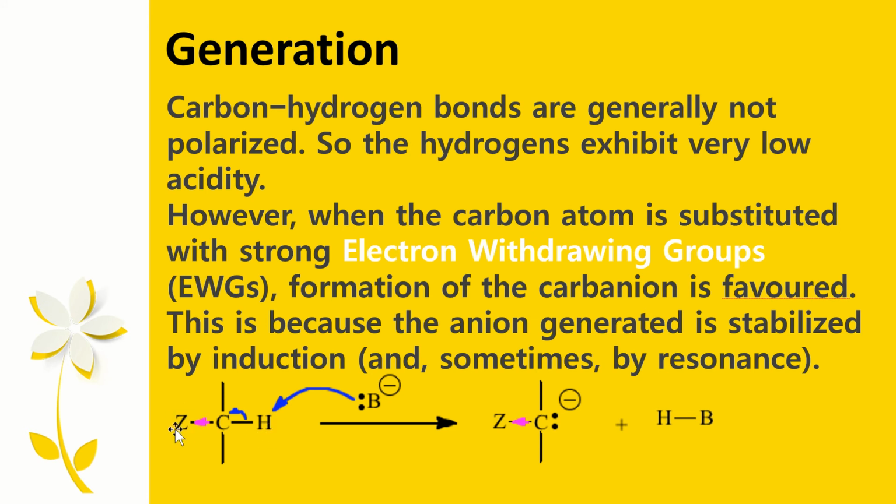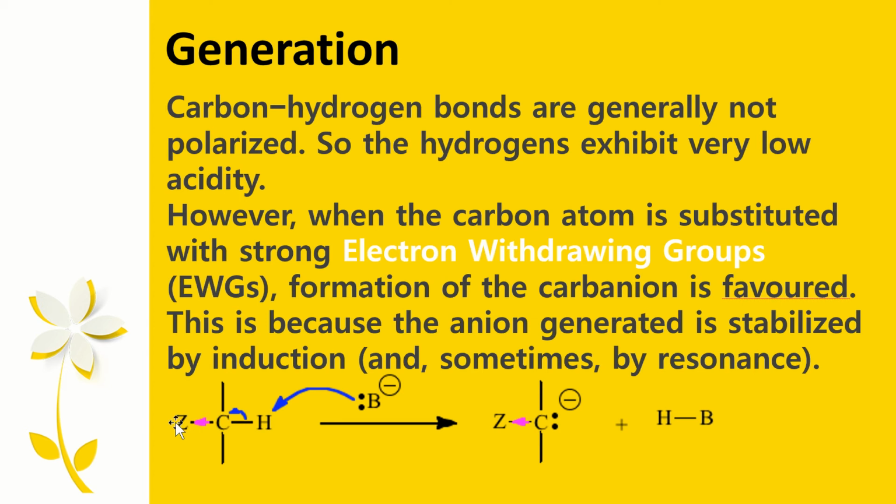But because it's attached to something that is pulling electrons to itself, a base can come in and pull it, because this carbon-hydrogen bond, as I said before, is now weakened, and so the base can pull the proton to form the carbanion.